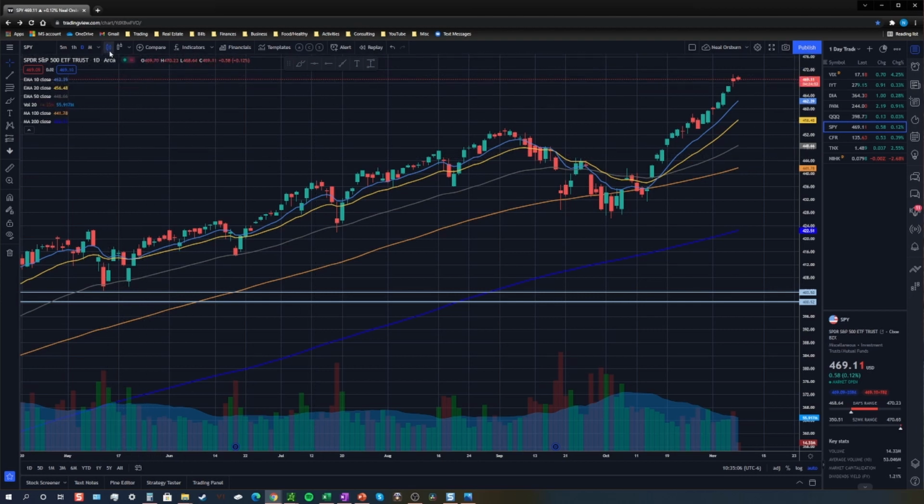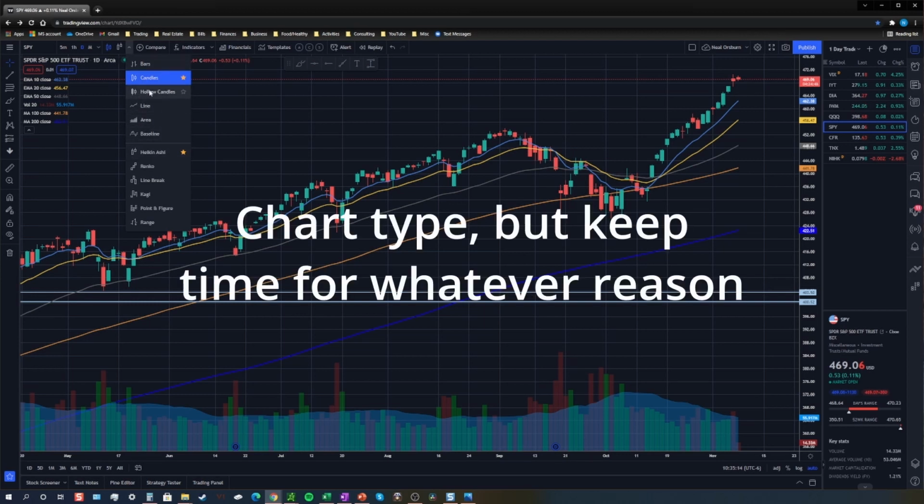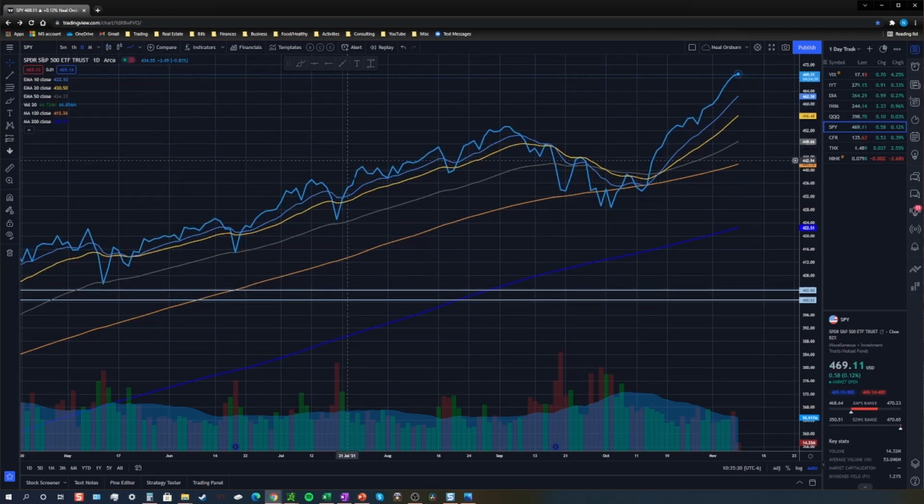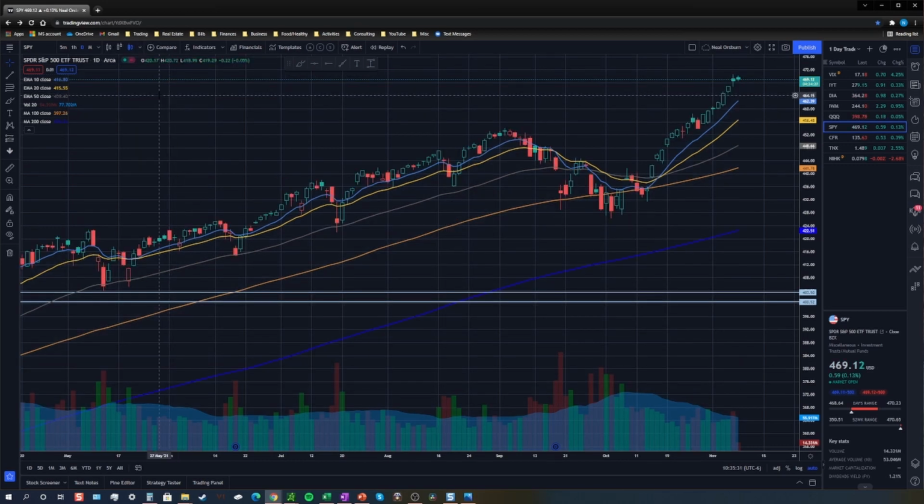Up here you have different candle or time segment looks. You've got line charts, area, which is a line chart but shaded underneath, Heikin-Ashi candles. It just depends on what you want.